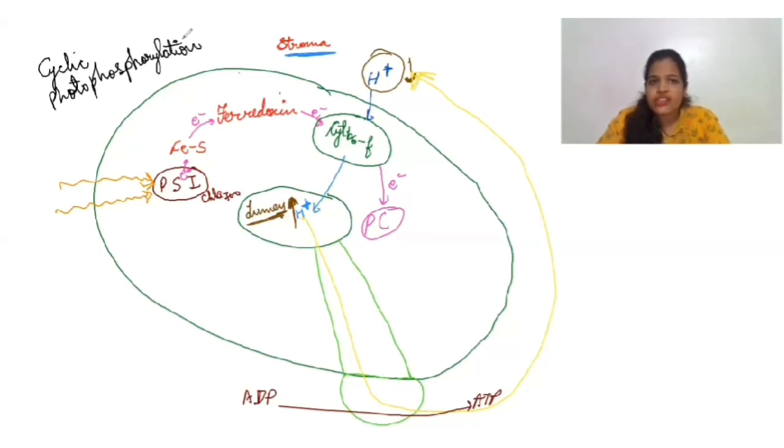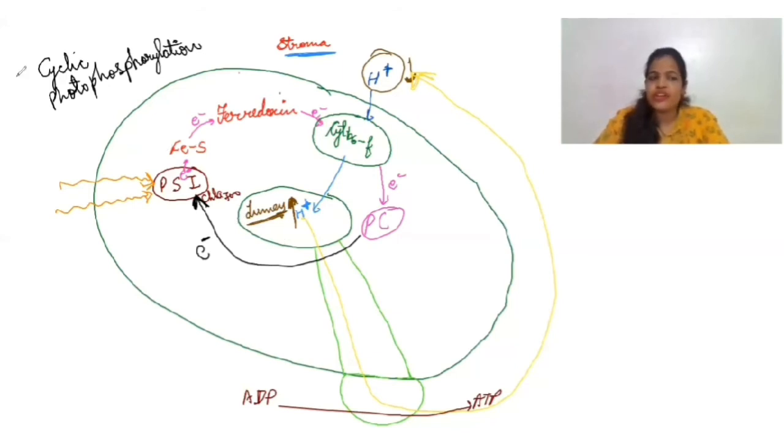The electron said that now once the protons have done their work, we want to reach our home. So the electrons are sent back to photosystem 1, their home. And you can see a complete cycle is formed.